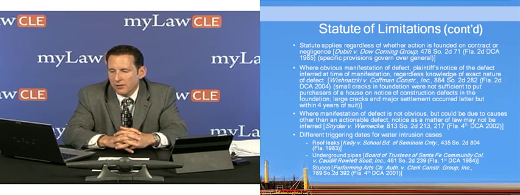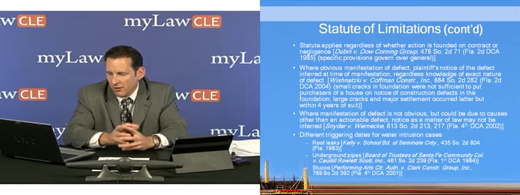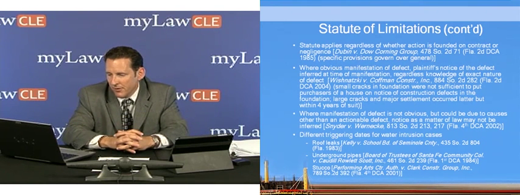And so you typically see that you'll get a longer period of time to bring those claims. In other words, the 4-year period will not start running until a later date if you're dealing with an underground pipe situation. And of course, if there's stucco defects or water intrusion from stucco, that has a different triggering date.